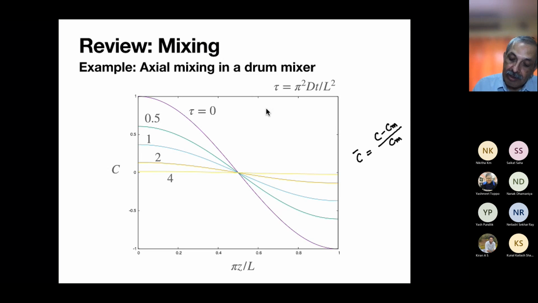And at time t equal to infinity, C is equal to Cm, so C bar goes to 0. So that's what this solution means. You can see how the concentration changes and it eventually becomes uniform. Everywhere the concentration is 0, which in this problem will be the mean concentration, whatever you started with.